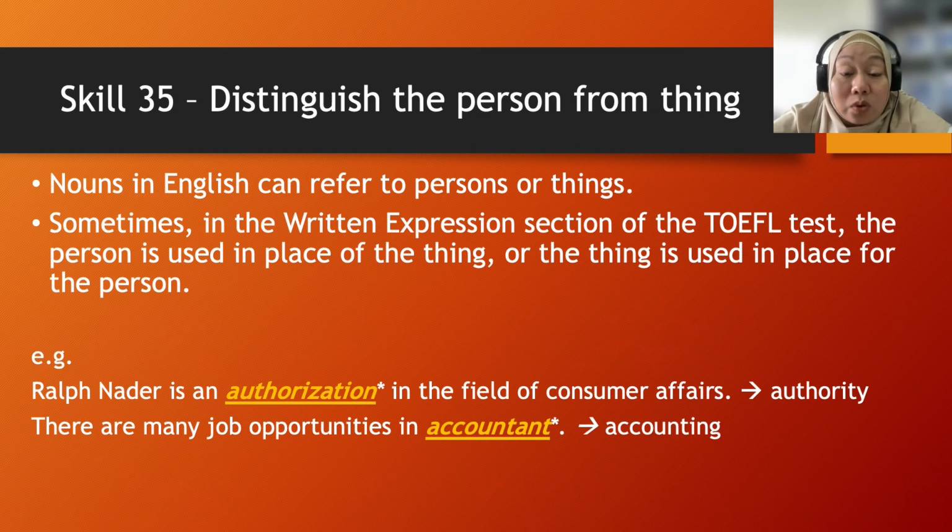But they gave authorization. Okay, that's the difference. And then the second example, there are many job opportunities in accountant. Accountant is actually the person doing the job, while the thing that the accountant does is accounting. It should be: there are many job opportunities in accounting.